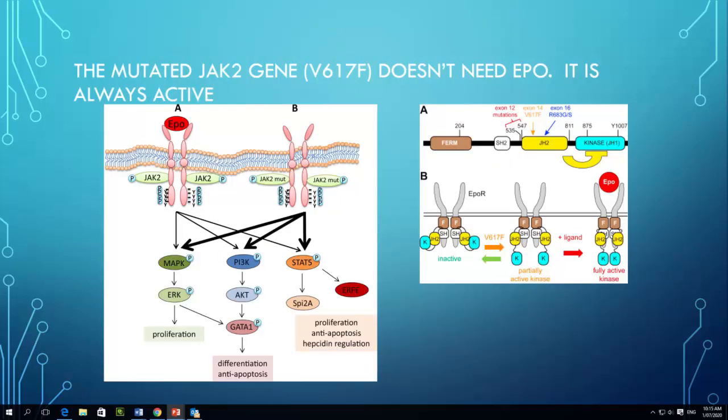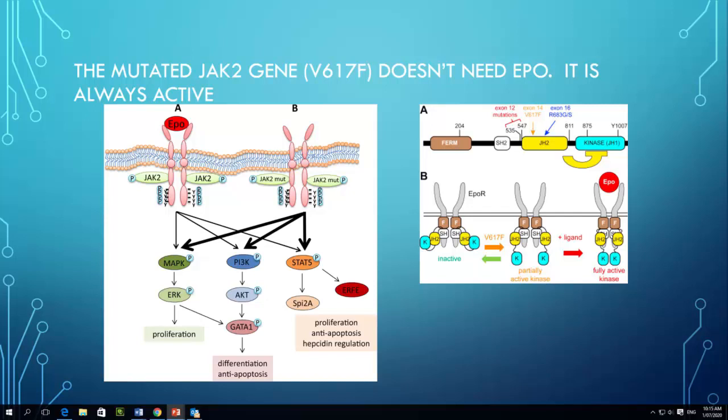JAK2 is another important gene in hematological cancers. With the mutated form, if someone is JAK2 positive, then it doesn't need EPO as a signaling molecule, it's always active. Again, it's a kinase, and it's misregulated or mutated in a number of myeloproliferative diseases. The V617F is the most clinically relevant variant, so the one that you'll most likely encounter, and it's seen in about half of myeloproliferative disorders.